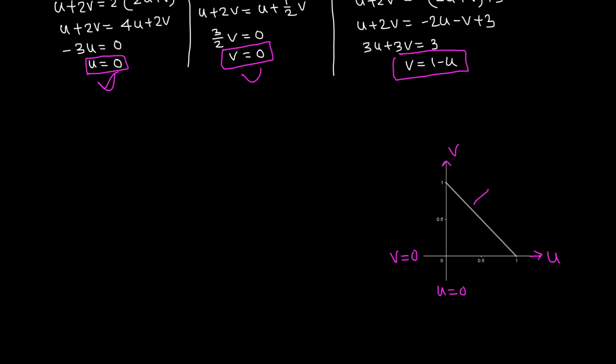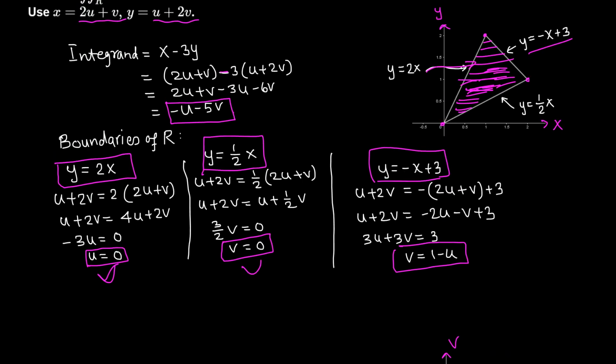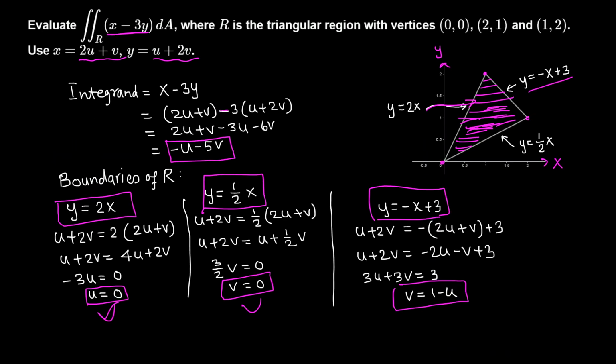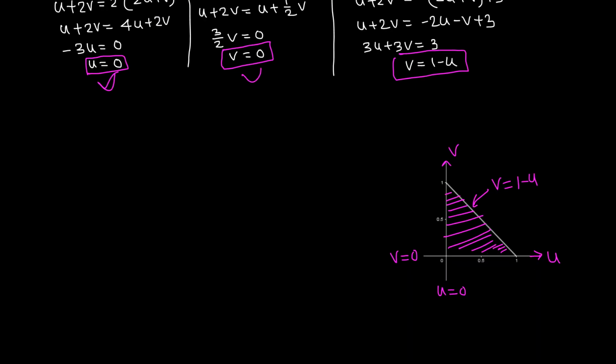So this line is v equals 1 minus u, and we have this region now. If we go back, the original region had the name R. Now we can name this new region S.